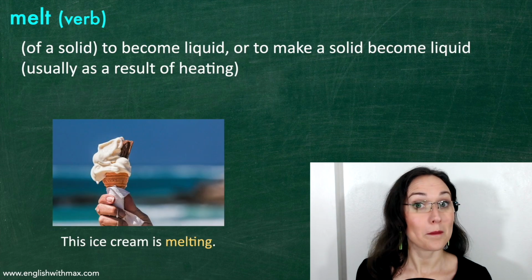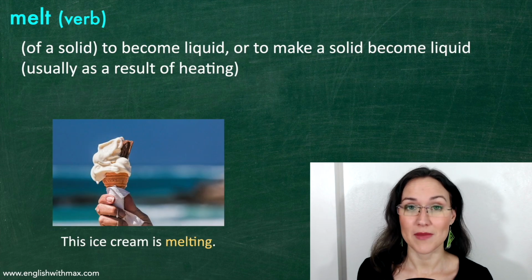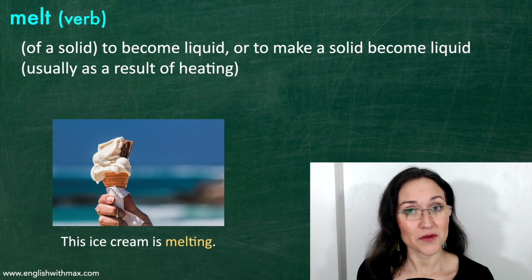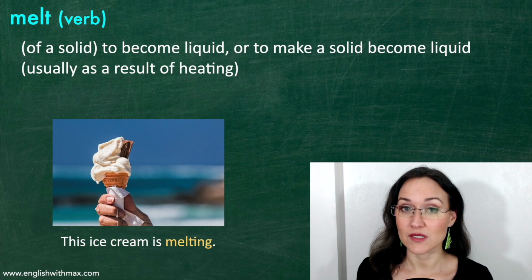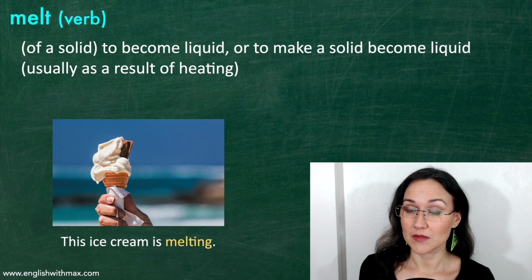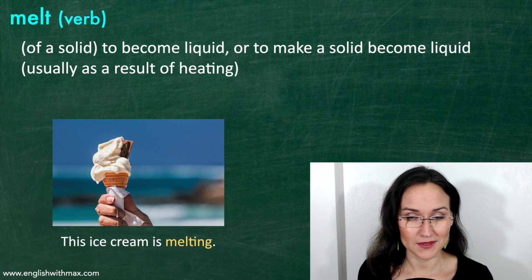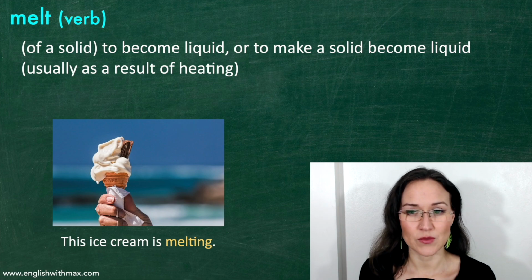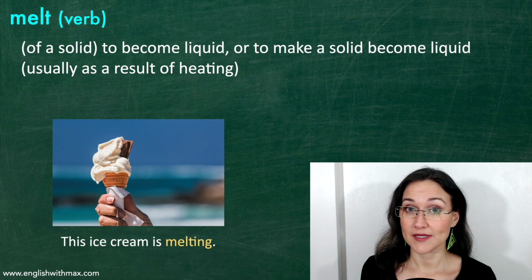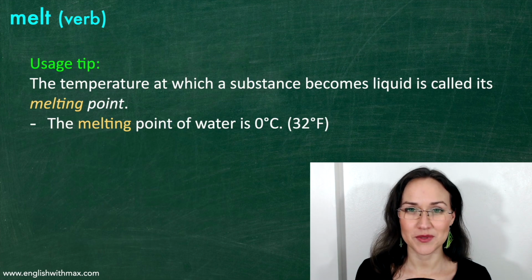The next word is melt. Melt. It's a verb. Of a solid, to become liquid, or to make a solid become liquid, usually as a result of heating. This ice cream is melting. Here's a usage tip.